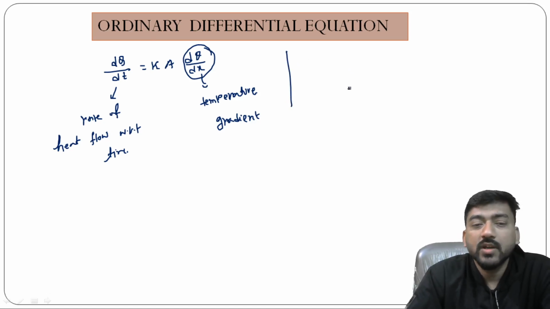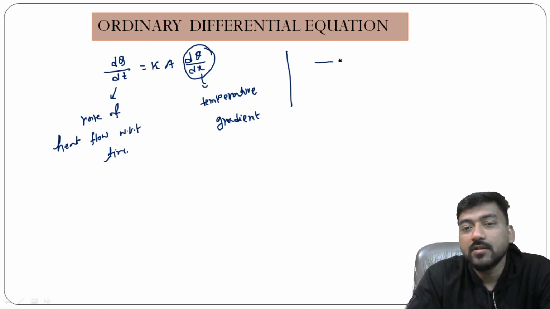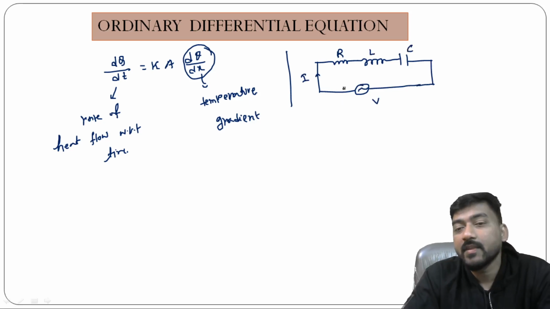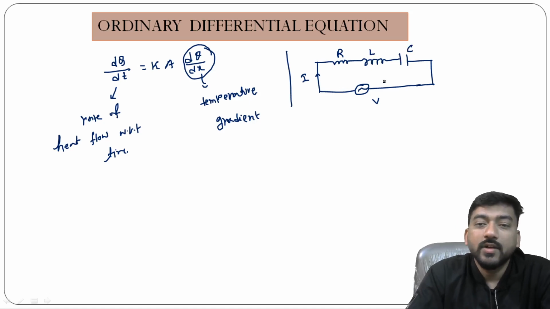So if you talk about some electrical circuit, suppose let me take an RLC series circuit. This is R, this is L, and this is C, and there is an alternating voltage source V. The current in this circuit is I, the resistance is R, the inductance of the inductor is L, and the capacitance of the capacitor is C. Now what is V?